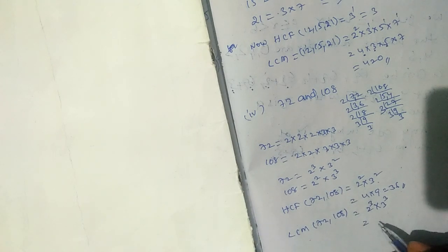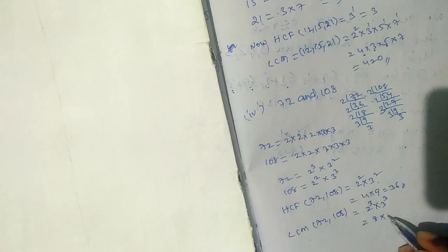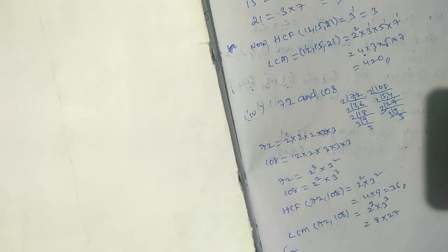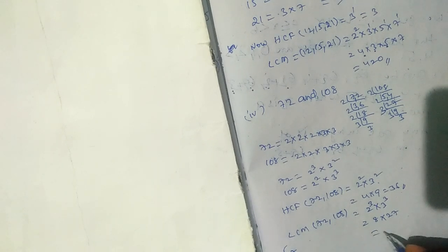So 8 into 27. 27 into 8 is 216. So 216 is the LCM of the given numbers.